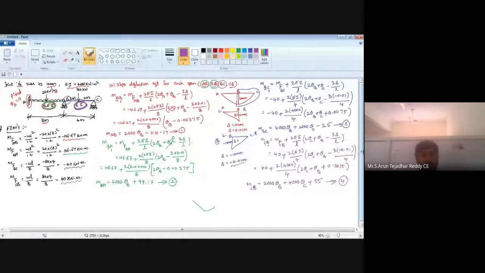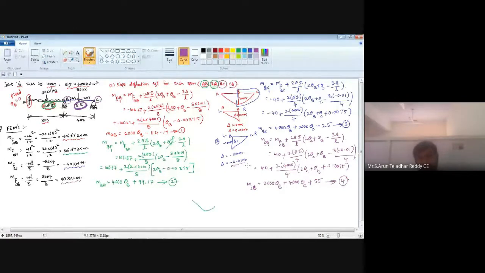All of you once take screenshot up to here. So up to here we have completed 2 steps. First step is find out fixed end moments. Second step is apply slope deflection equation for each span.